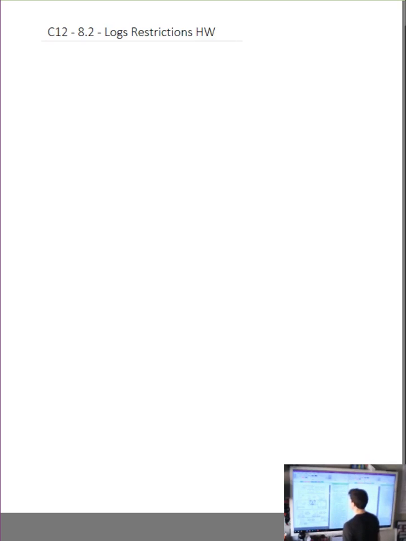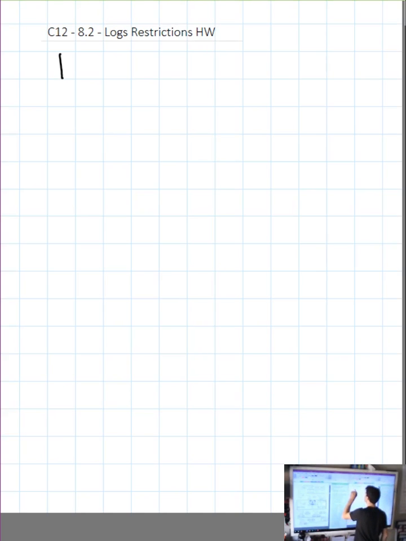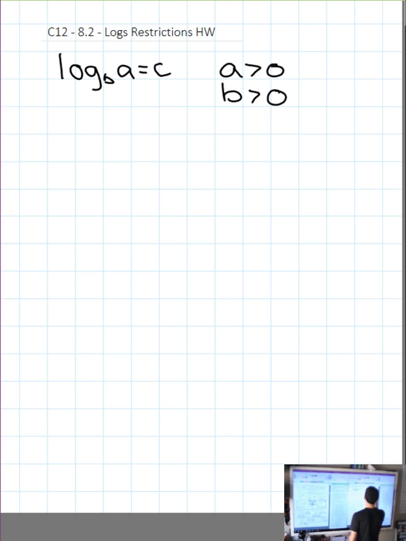Okay, let's take a look at some restrictions on logarithms. So if I have my general form log base b of a equals c, the thing I'm logging, a, needs to be greater than 0, and my base also needs to be greater than 0, and my base cannot equal 1.